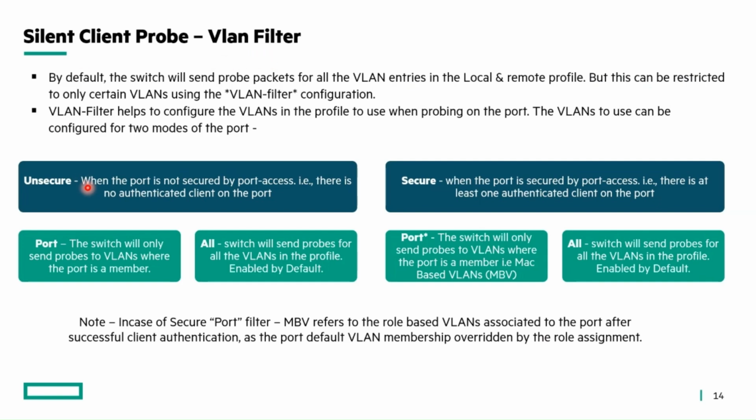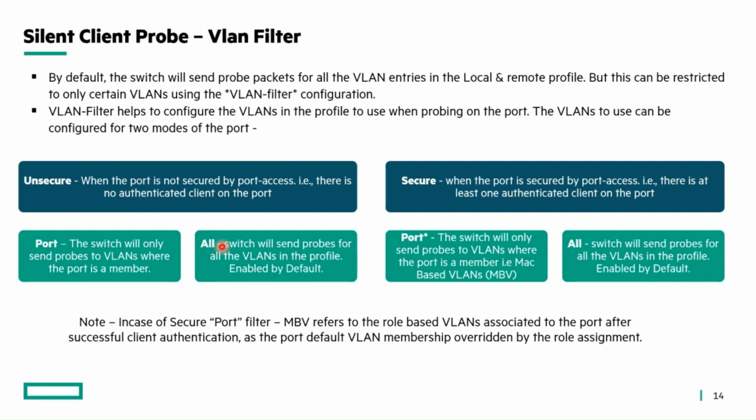So it has two methods. One is unsecured and then secure. So what is unsecured? Consider there is no client onboarded on that particular port. That means the port is not secured by port access. In that case, we call it unsecure. In unsecure, we do have two options, port and all. What do these options mean?